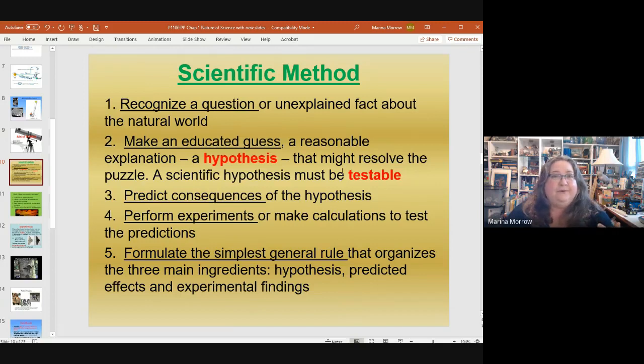And one of the things is that a hypothesis must be testable. So you have to be able to perform experiments to test to see if your hypothesis is true, or at least is not false. So one of the ways to do that is to experiment. And to do an experiment, you would have to say, okay, well, what are the consequences of the hypothesis? So you might say, well, if I look under a microscope, would the molecules of air, or at least of oxygen, be blue?